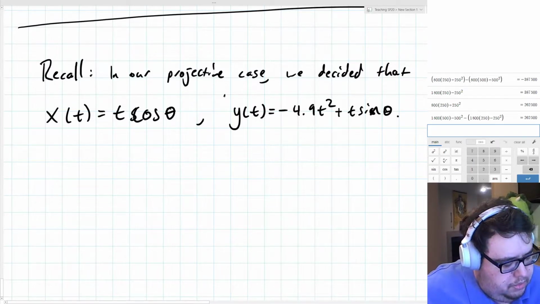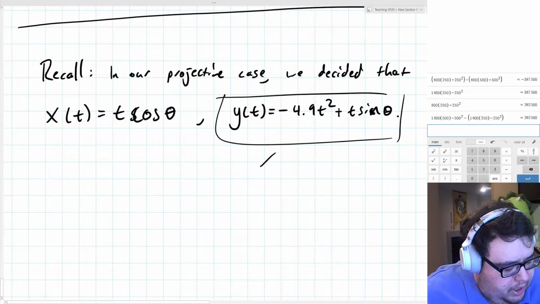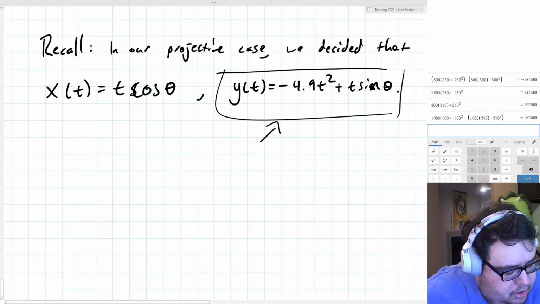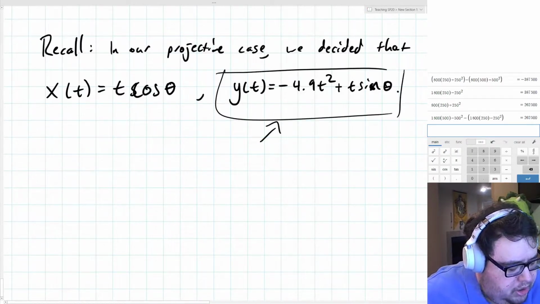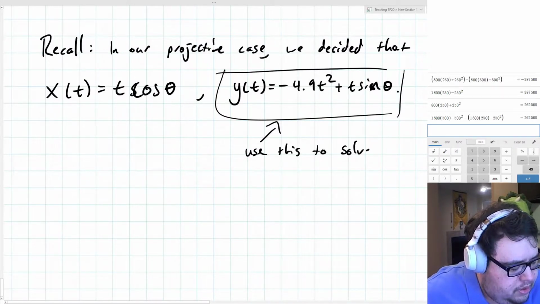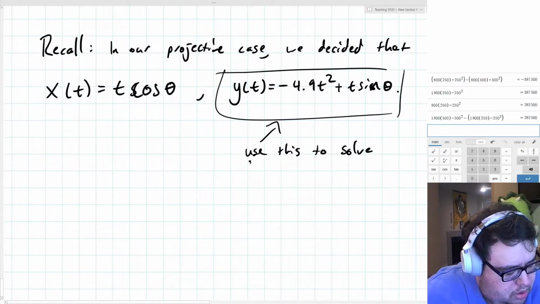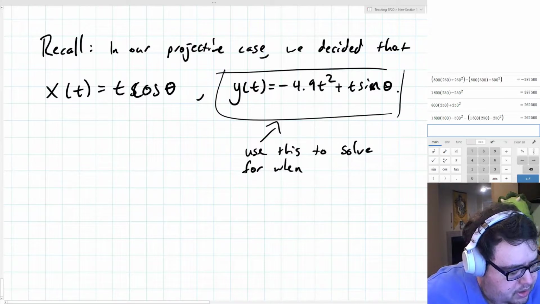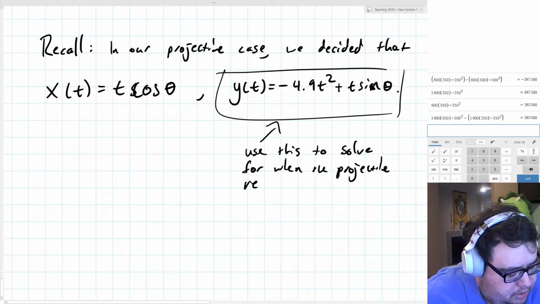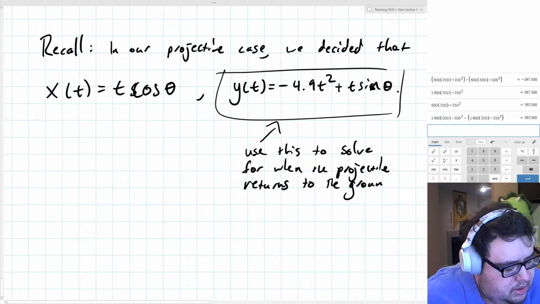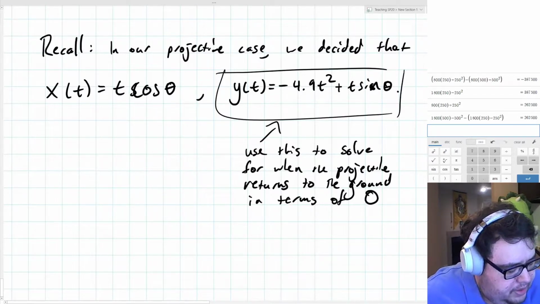So notably, this equation over here on the right will tell us, so we can use this to solve for when the projectile returns to the ground in terms of theta.